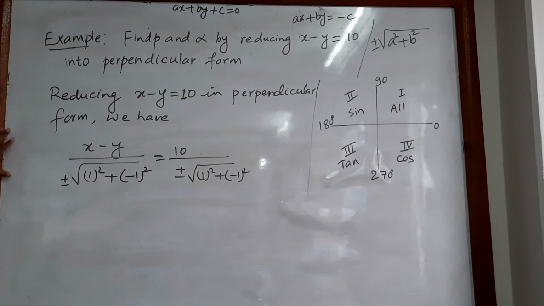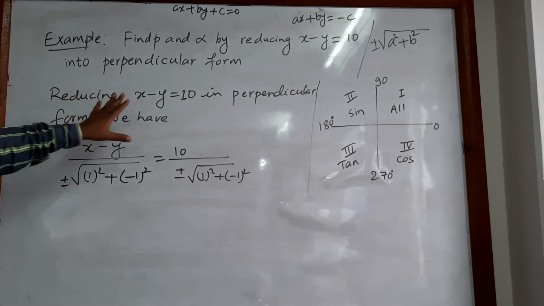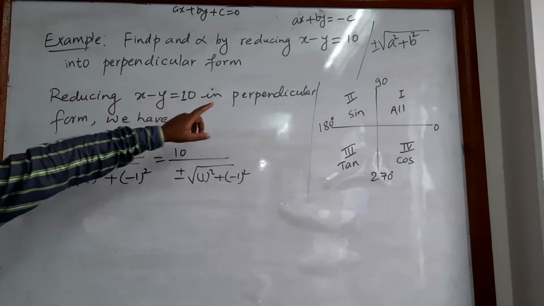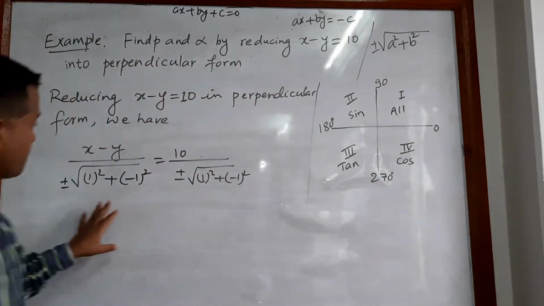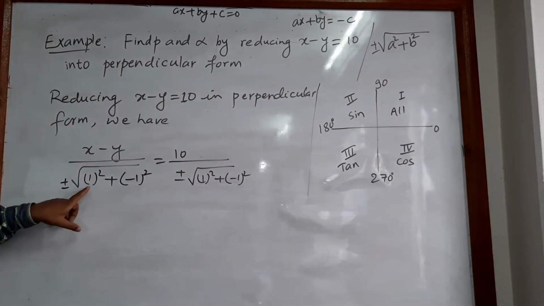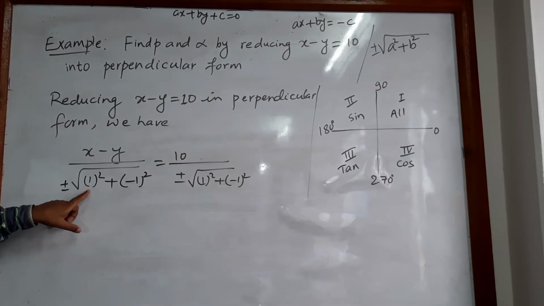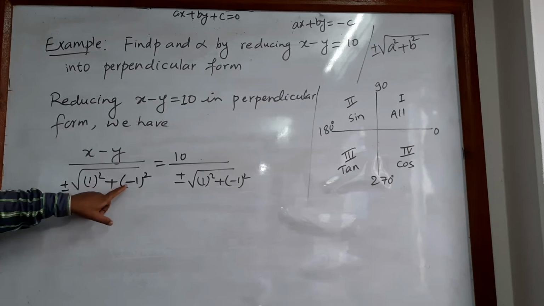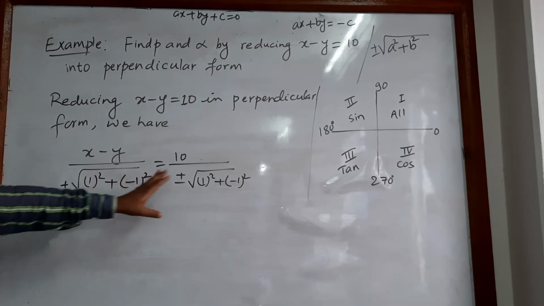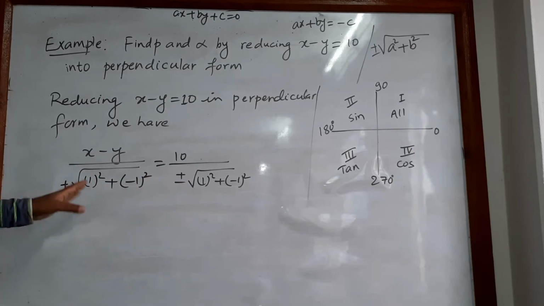So to reduce this into perpendicular form, we divide both sides by plus minus root over a square plus b square, where a is 1 and b is minus 1, so a square is 1 square and b square is minus 1 whole square. This is our first step.